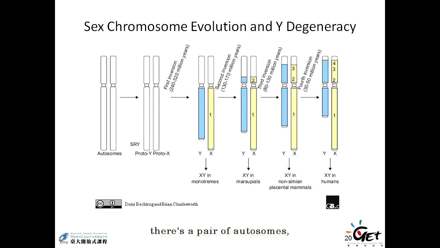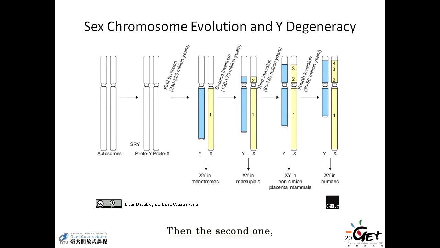So in the beginning, there's a pair of autosomes with a sex determination gene, shown here as SRY. In other lineages, like monotremes, we can still see the XY chromosomes illustrated in the middle of this slide. By comparing different sex chromosomes in human and other lineages, we were able to reconstruct the phylogenetic history of the sex chromosome.